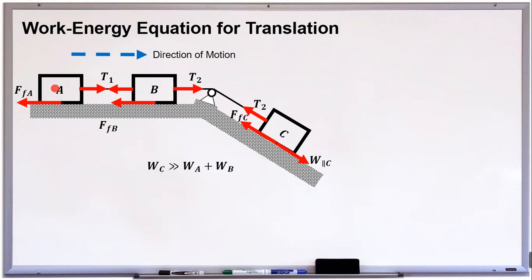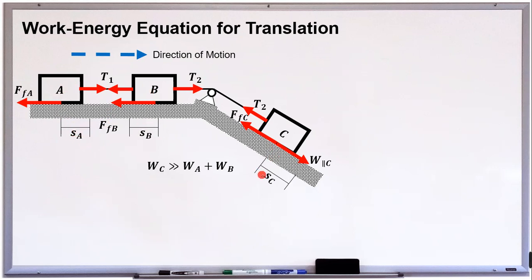And lastly, for our block A, we also have a frictional force FfA that is directed opposite to the direction of our motion. As the parallel component of the weight of block C pulls this system, it has displacement. For block A, we have here SA. For B, we have SB.